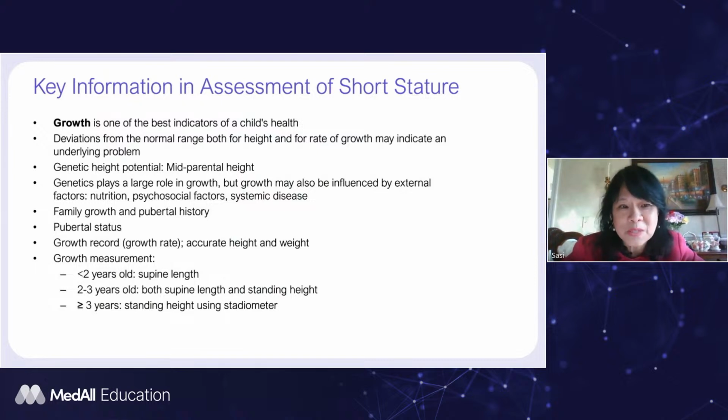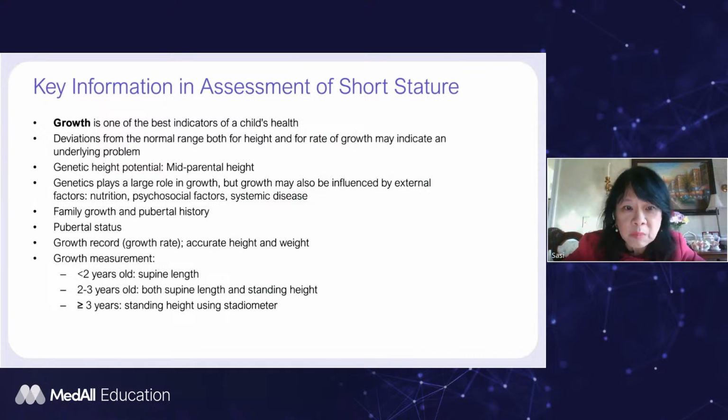So we need to do a thorough examination and look at the pubertal status. Getting growth records is also important, as mentioned earlier, because we have to look at the trend of growth; coming from a higher percentile and dropping to a lower percentile can be concerning as well.